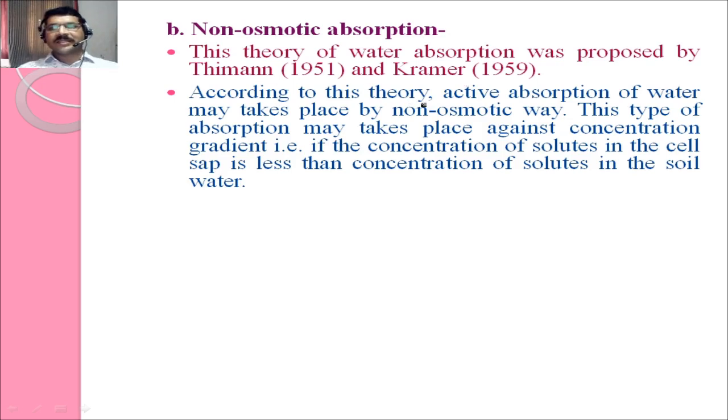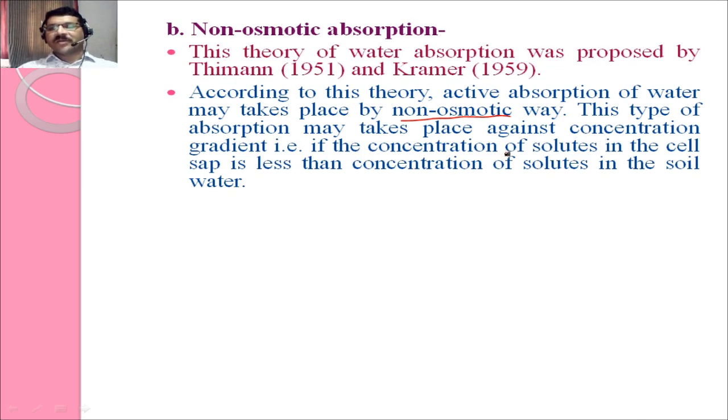According to this theory, active absorption of water may take place in a non-osmotic way, meaning no osmosis takes place but water gets absorbed. This type of absorption may take place against the concentration gradient, unlike osmotic absorption.